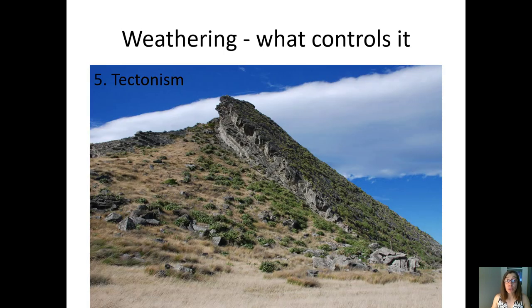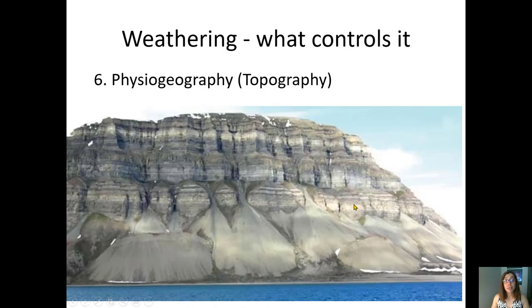Tectonic events will bring rock up toward the surface, so it provides new rock at the surface to weather. And the physiogeography, or the topography, controls how much gravity there is to contribute to physically disaggregating our particles.